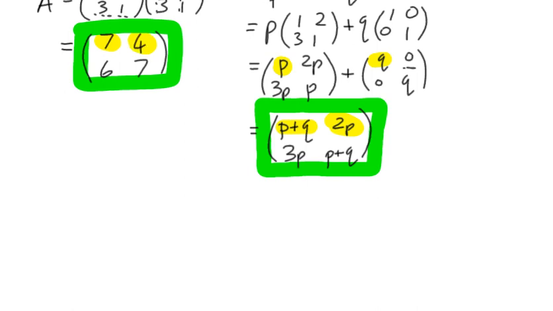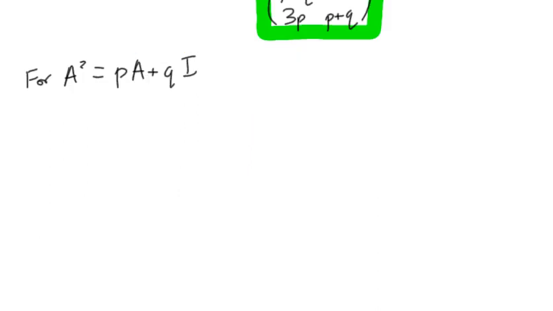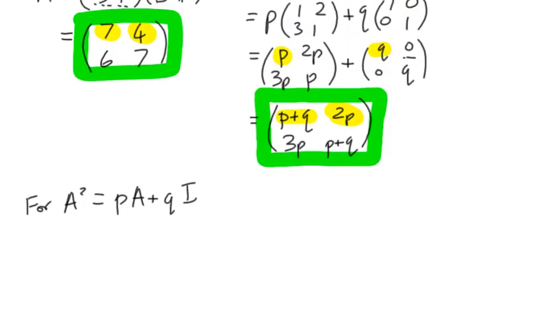If we're saying that A squared equals PA plus QI, then what we can say here is that P plus Q equals 7, and if we look at the second one that I've highlighted, 2P equals 4.